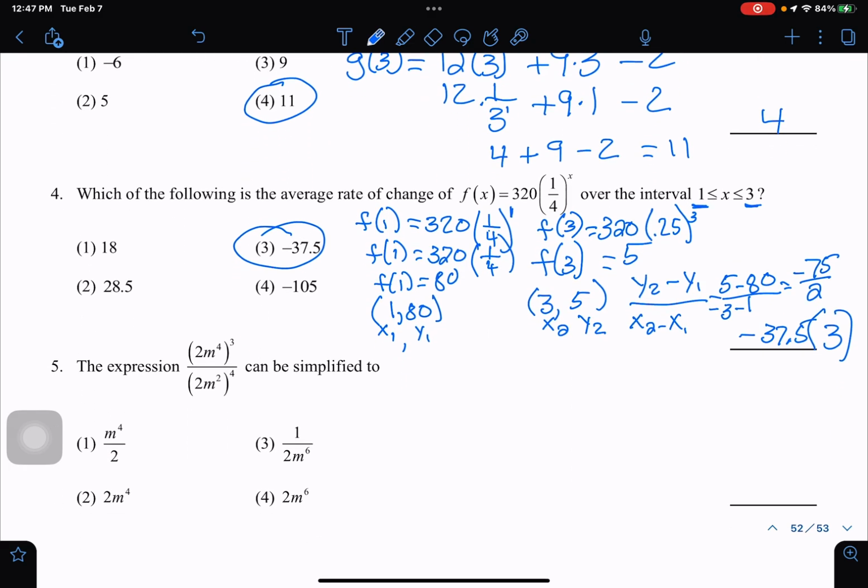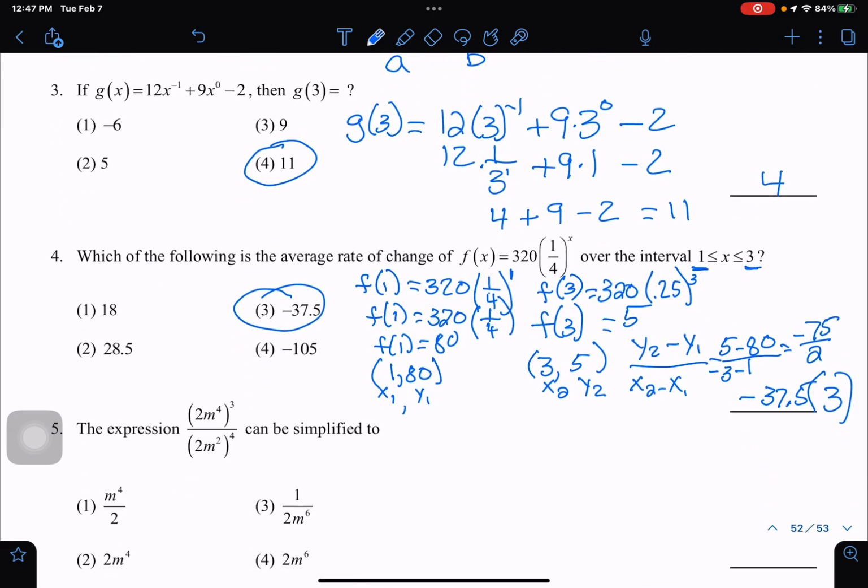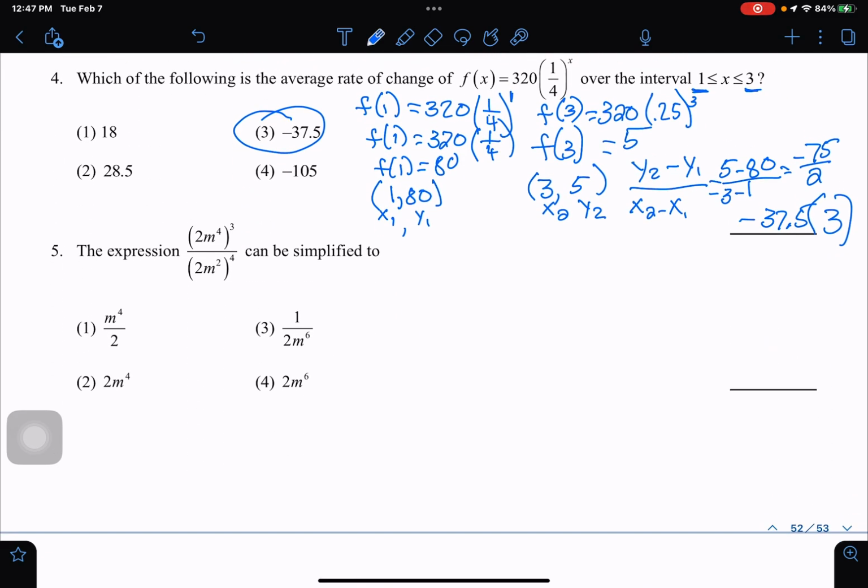All right, so here we have raised to a power. So like number 2, we're going to raise the coefficient, and then we're going to multiply the exponents. So we have to do that first in the numerator and denominator. So we have 2 to the 3rd power times m to the 4 times 3. In the denominator, we have 2 to the 4th power times m to the 2 times 4.